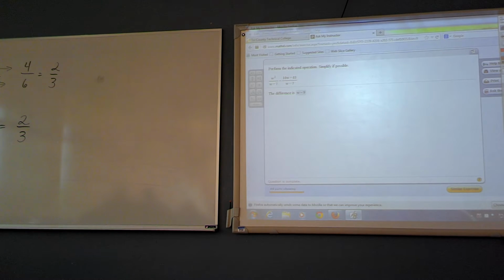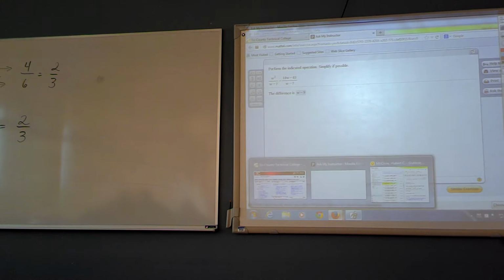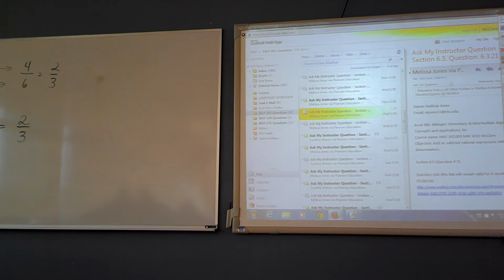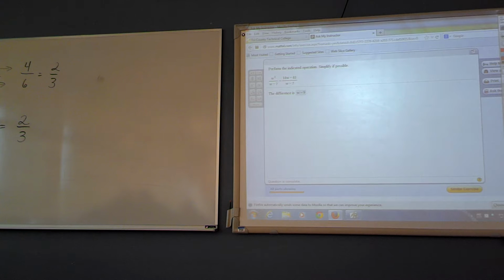Denominator's the same, so you don't have to convert. We're gonna convert in a minute, and that's when you all are gonna quit. Which problem is that? 6.3, 21/5.